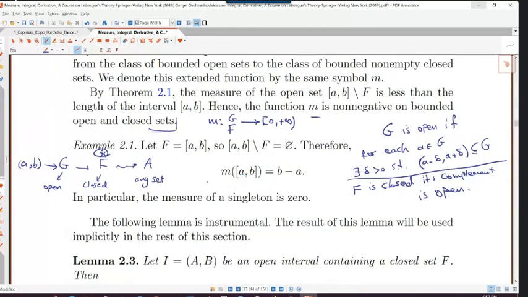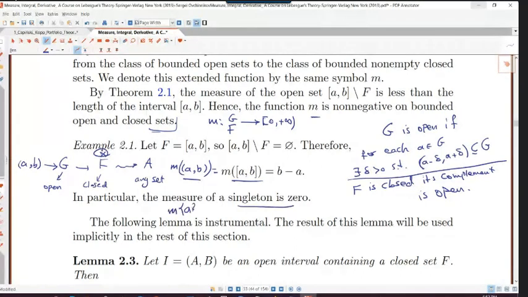The measure of the open interval (A, B) is the same as the measure of the closed interval. In particular, the measure of a singleton is 0.